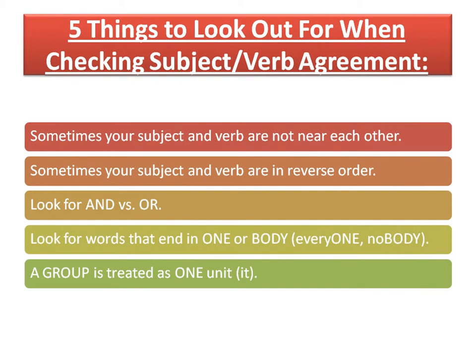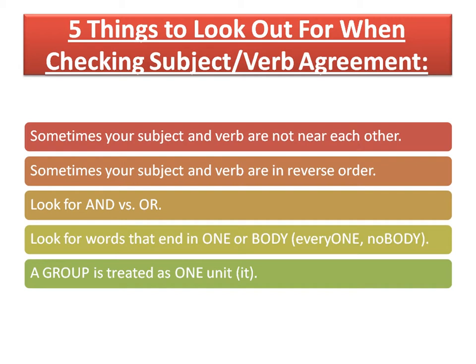Here are 5 things to look out for when you're checking for subject-verb agreement and you're trying to use this process of locating your verb, locating your subject, picking your pronoun, and checking your chart. First, sometimes your subject and verb are not near each other. It can be difficult to locate your subject and your verb. It is important to find your verb first. Sometimes your subject and verb are in reverse order.